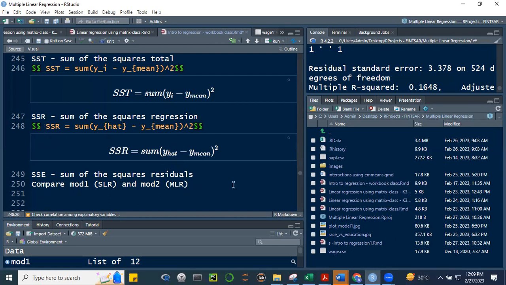So we have generated this regression model. Kukunin natin yung difference ng predicted value minus the average value. Then we square it. That's called your sum of the squares of your regression. And lastly, ito alam natin to, sum of the squares of your residuals or error terms, is the difference between y and y hat, squared. Although the order does not matter kasi naka-squared naman siya.